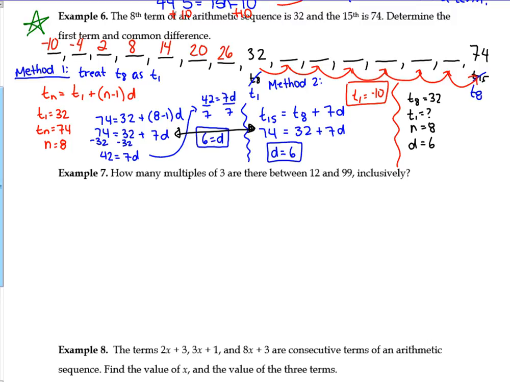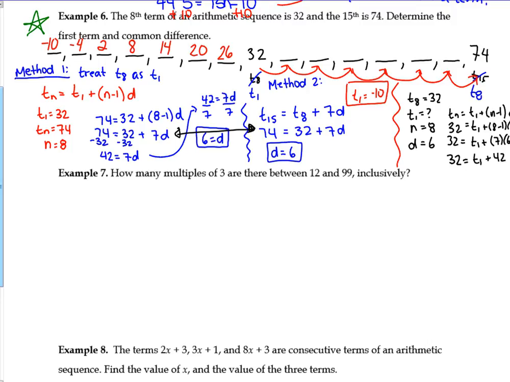Right? So we can again use that formula and plug in what we know. Sorry if this is small. I'm running out of room. And plug in, okay, last term, t of n is 32. Term 1 I'm looking for, plus 8 minus 1 times 6. So then I get 32 is equal to term 1 plus 7 times 6 is 42.